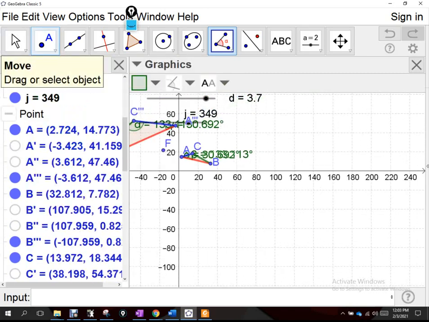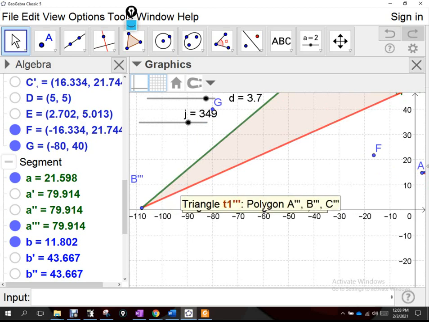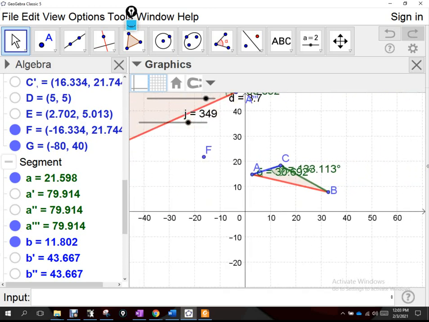So then the angle that we haven't talked about between the green and the red, that angle right there at B prime, is going to be the same as the angle of B because of the third angle theorem. Okay.